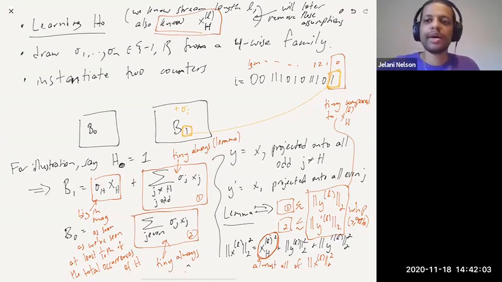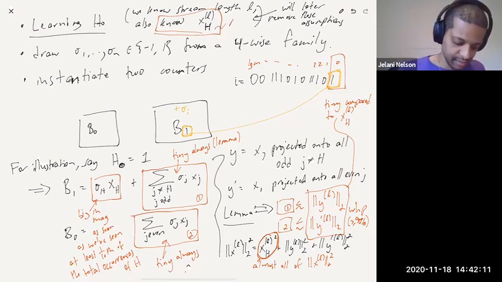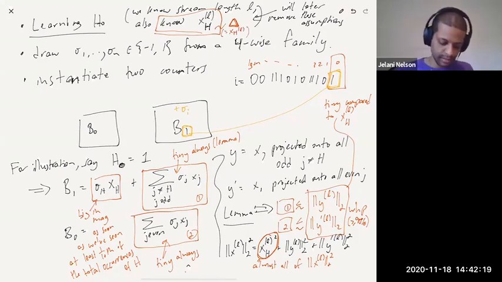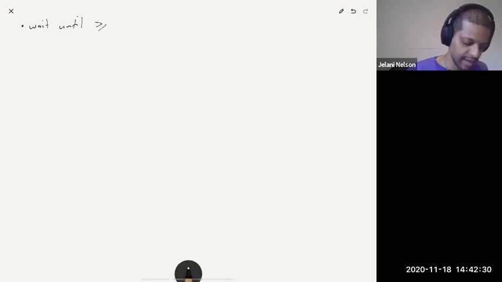I'm going to wait until one of them is at least, let's call this threshold delta, delta is equal to XH at time L. I'm going to wait until some counter, one of B0, B1, is at least delta over 10 in magnitude.